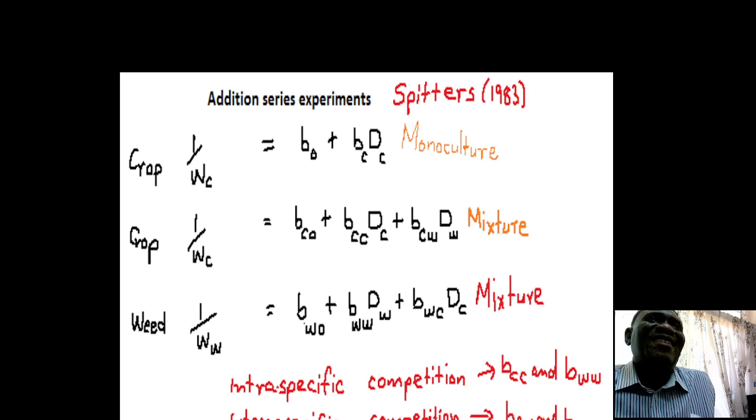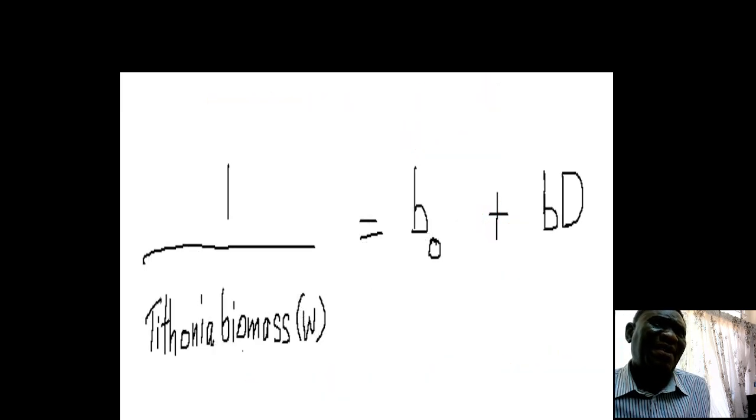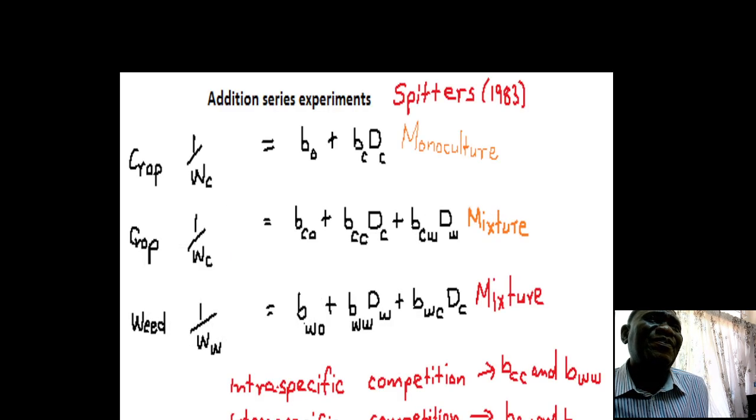Now we come to the addition series experiments. Now in a monoculture, which is this one, you can get a similar equation represented by the crop, which is 1 over WC equals BO plus BC multiplied by DC.